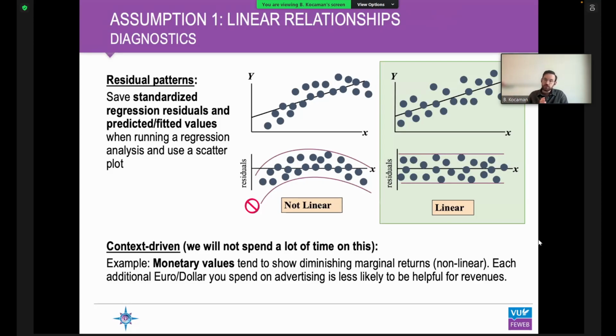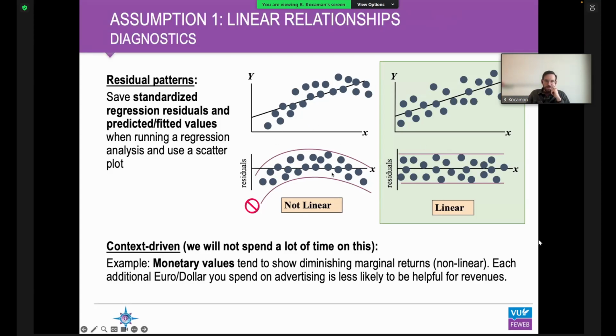The residuals, if you remember, are the prediction errors from our regression model. In general, we look at standardized residuals, meaning that we subtract the mean of the residuals and divide them by their standard deviation. We also save the predicted or fitted values, meaning that we make a prediction for each of the data points that we have in our data.